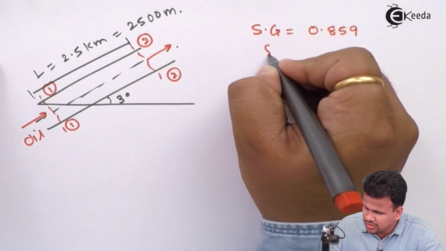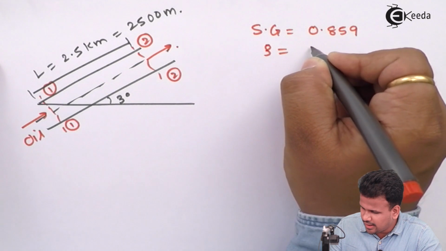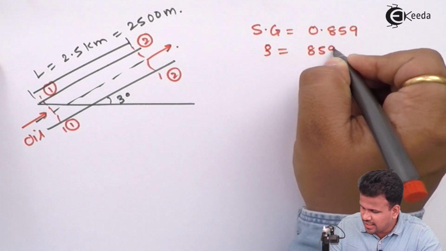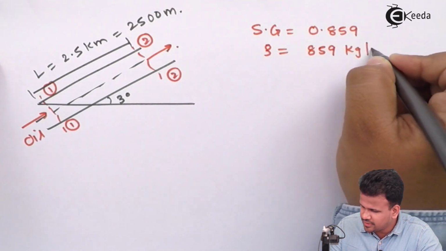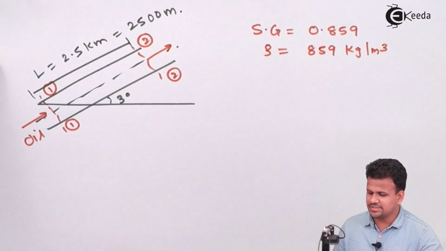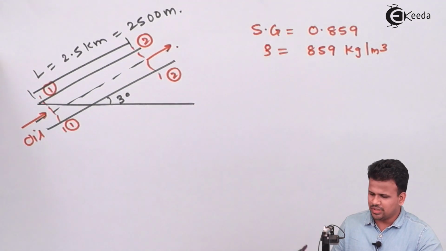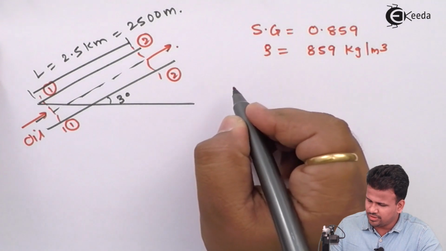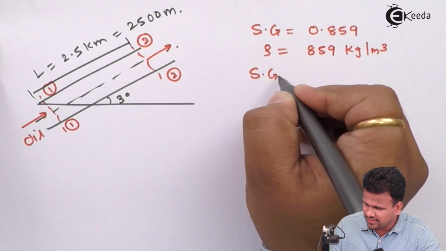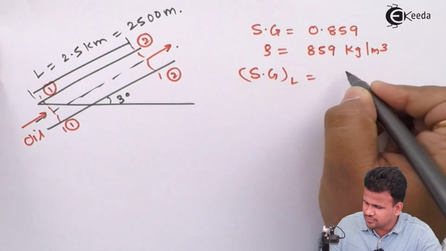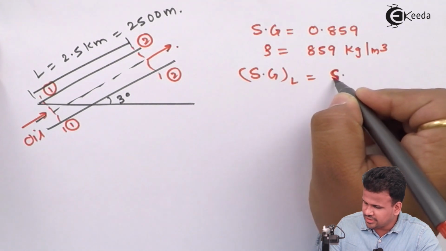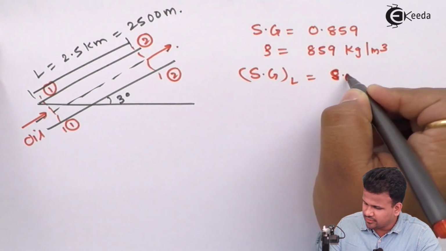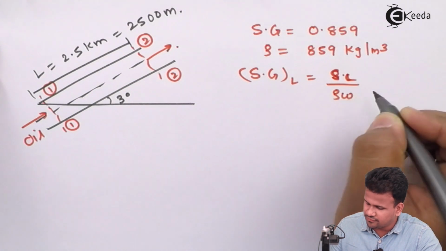Now oil has a specific gravity of 0.859, so the density becomes 859 kg per meter cube. So how do we get the density over here? The specific gravity of any liquid is equal to the density of that liquid upon the density of water.